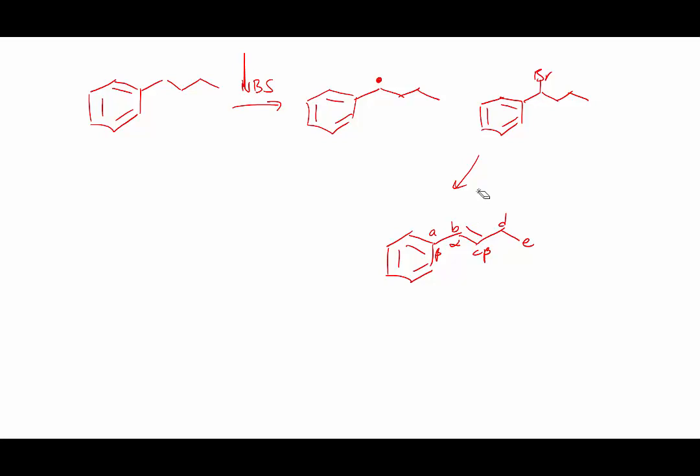Because an E1 is not very efficient, right? So what would I use to form that double bond? What reagent do you want to use? NH2 minus?